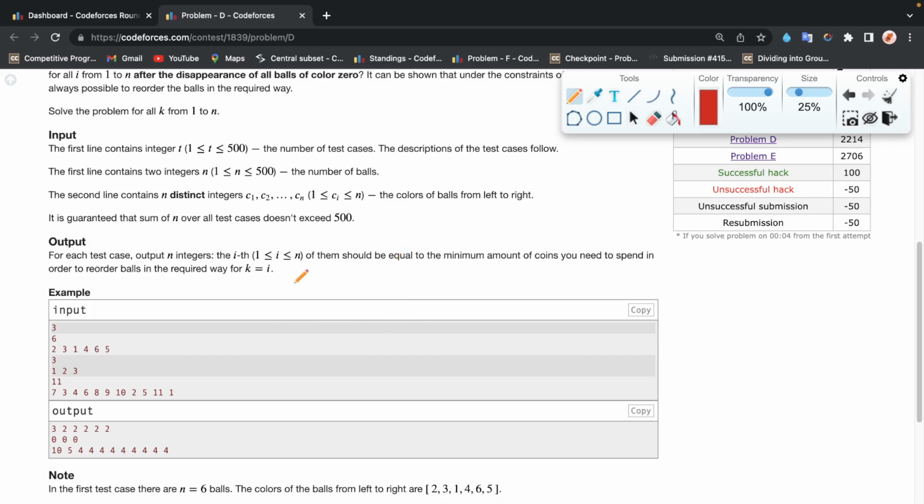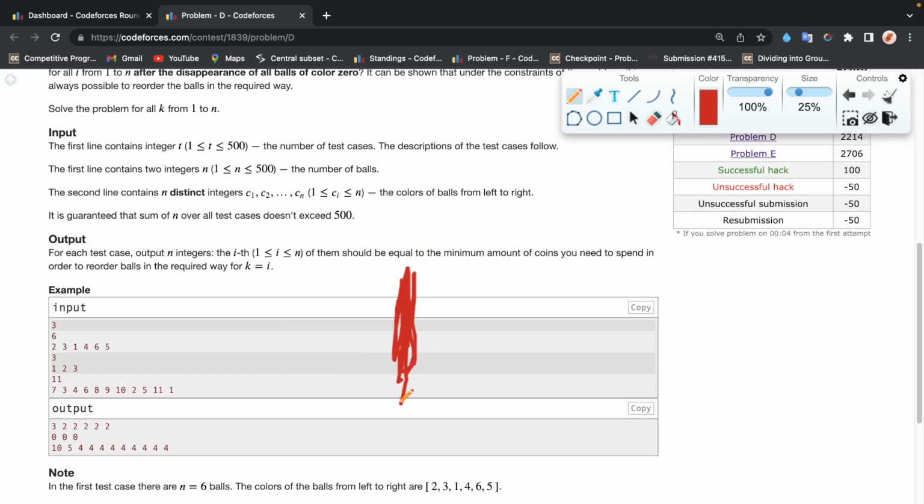So I'm saying that I will sort all the values until here. The problem is this 5 needs one swap to get to here. This 6 needs a swap and this 5 needs a swap.